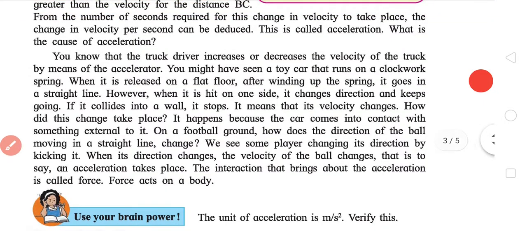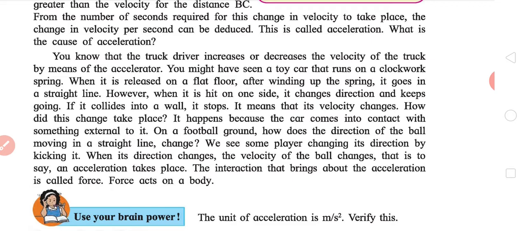You know that a truck driver might increase or decrease the velocity of the truck by means of the accelerator. For example, imagine a car or a cow comes, so he has to stop, or the road is empty, he may rush. There is no such condition that his velocity may not be varying, and similarly you can see many examples.